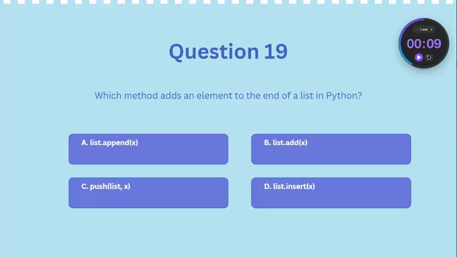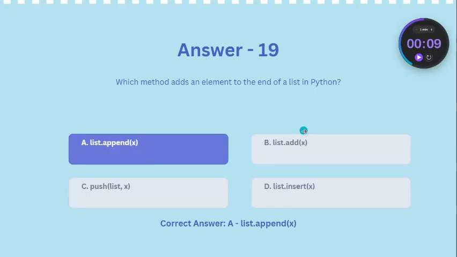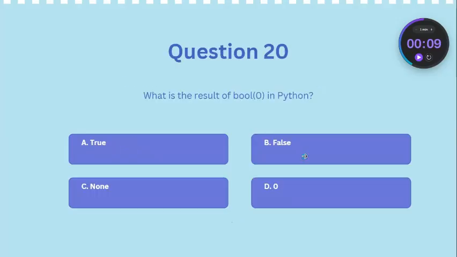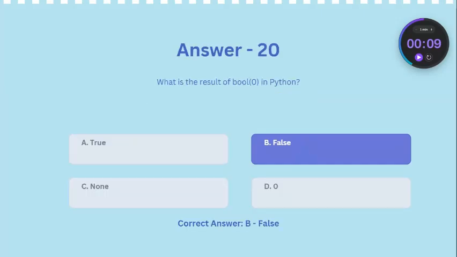Which method adds an element to the end of a list? It's A. Simple. I will teach you this in the next class. It will be true, because 0 is false and 1 is true.